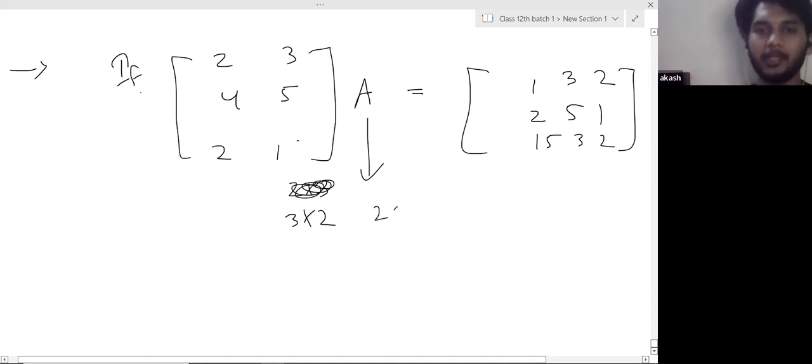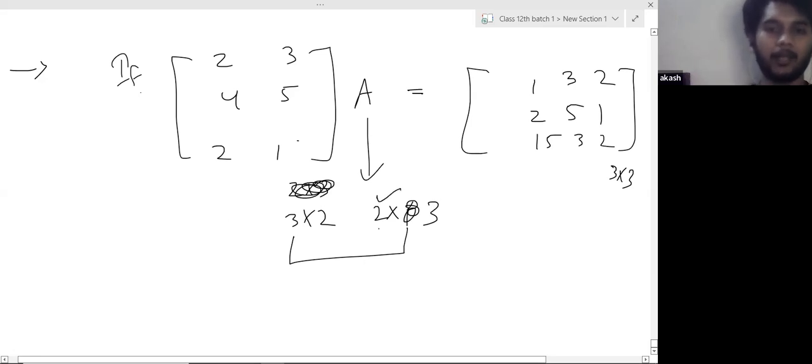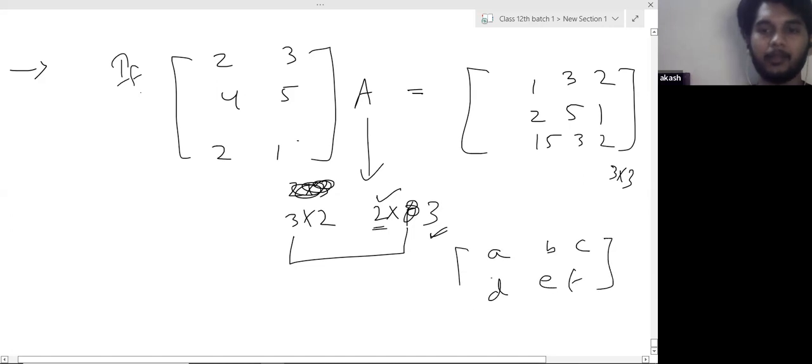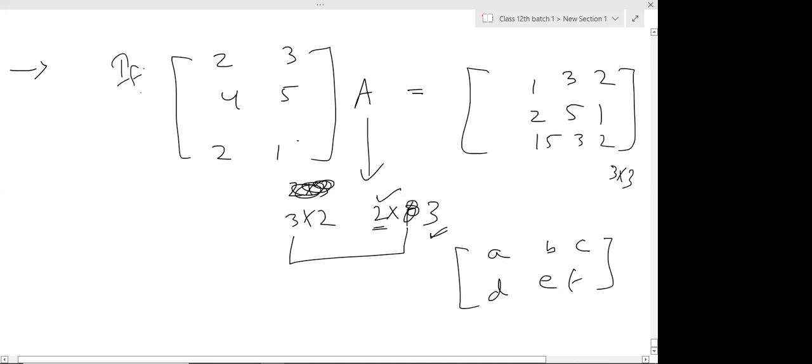That means A must be 2 cross something P, and the resultant matrix is 3 by 3, so P is 3. So assume a matrix A of order 2 by 3, 2 rows and 3 columns. So we can assume a, b, c, d, e, f.